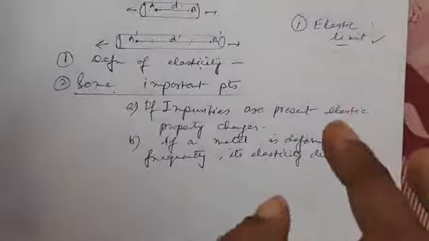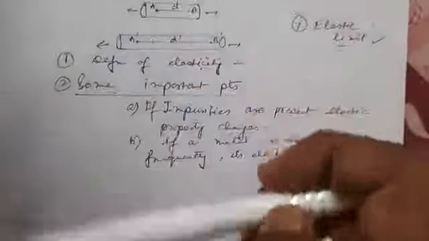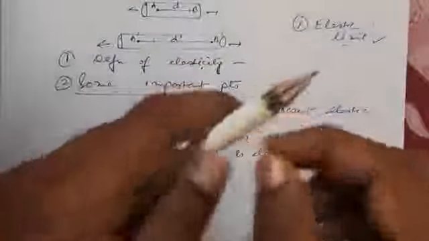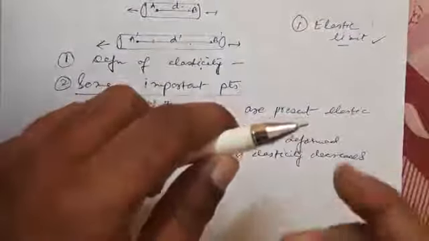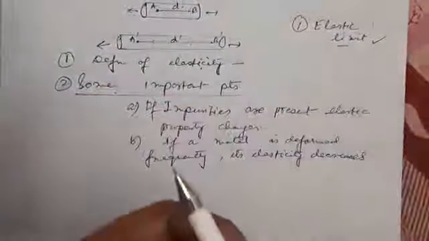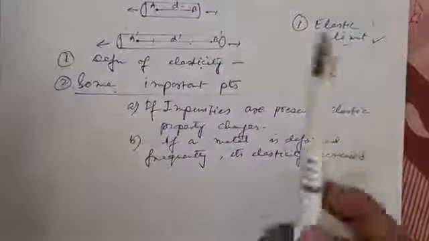We are time and again deforming the wire. If we take a wire and try to bend it continuously 1, 2, 3, 4, 5 times, 7 times, 8 times, the more you bend it, the elastic property decreases.